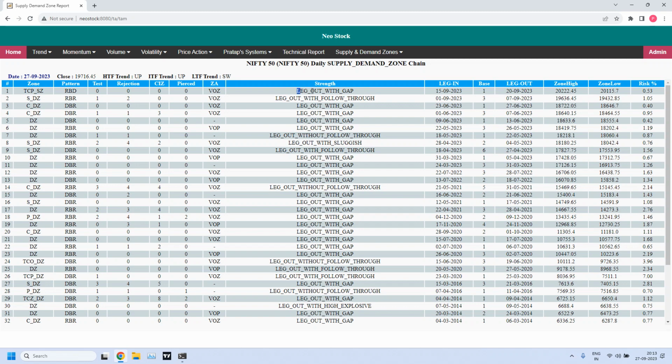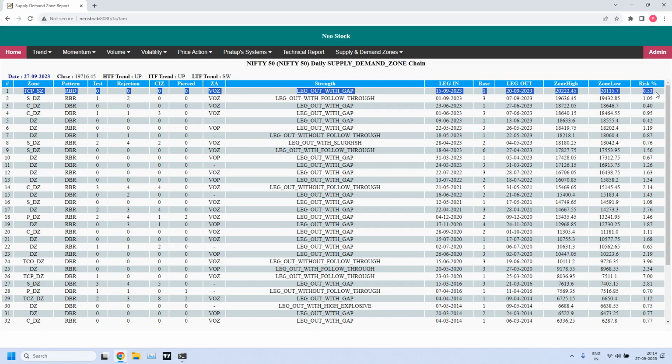It created a leg out with a gap, so it is a pro gap, professional gap, and has only one base candle. And see the risk. Risk is also very minimal, 0.53%. So that's why this could be a good supply zone.